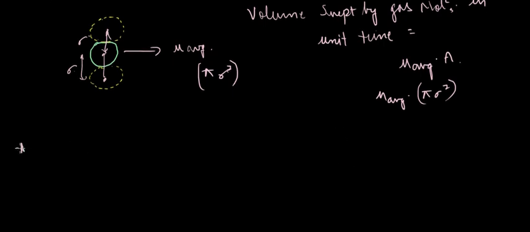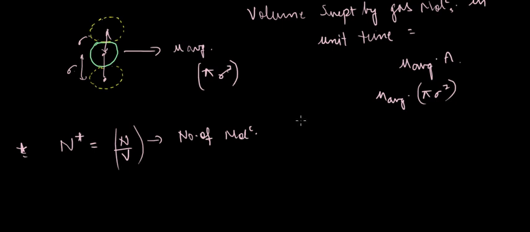And we define one more term, n star, as n upon v, where n is the number of molecules. When we divide n by v, n star becomes number of molecules per unit volume.